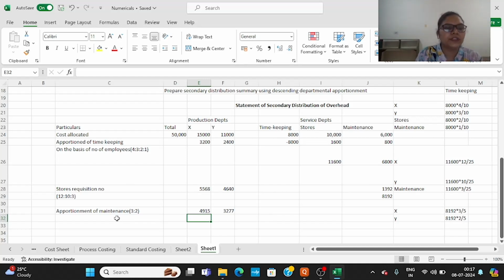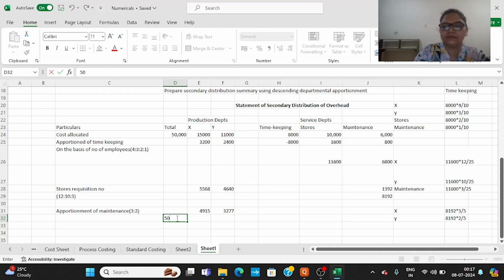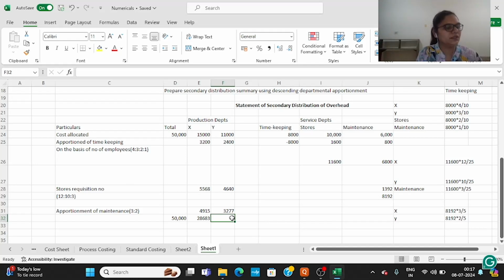Now the total of 50,000 has been distributed into department X and department Y. So we will do the total, that is 50,000 divided into 28,683 and 21,317. So this is how the apportionment of overheads is done.